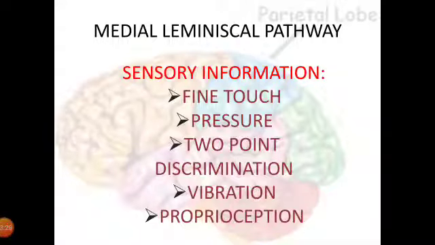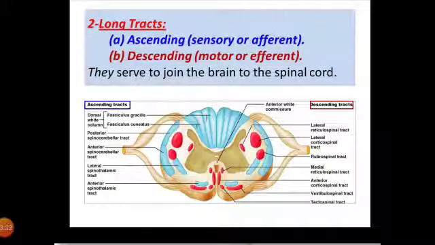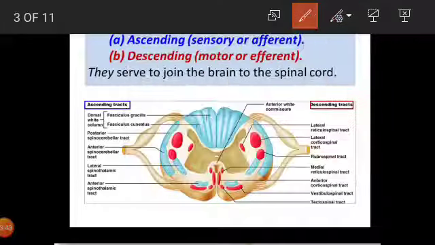We are going to see only three principal types of ascending tracts which are important and have to be noted down. Today we are going to discuss the medial lemniscal pathway. First we'll take the medial lemniscal pathway, which is basically a part of the dorsal white column tract.